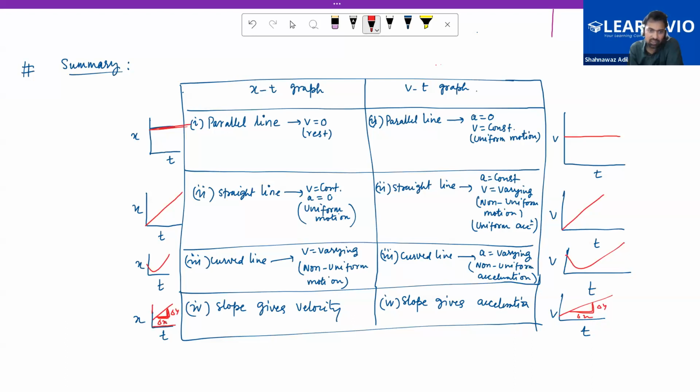So this should be delta x over delta t. Let me write delta x, delta t. This is delta v, delta t. So these are the summaries. Is it clear? Yes.